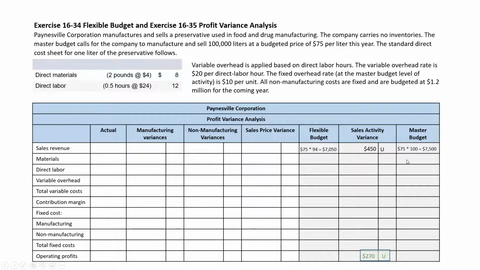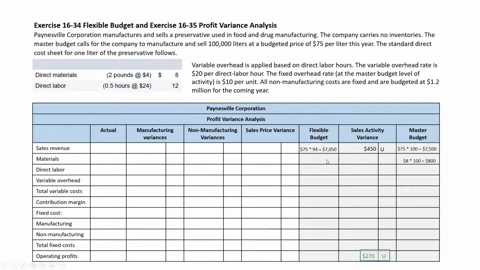Now I'm going to jump down to materials. Again, starting with the master budget, my original plan was to sell 100,000, or 100 if I divide it by 1,000, times the cost of direct material per liter, which is 2 pounds times $4 per pound, or $8. And so that would be 800, or really 800,000.